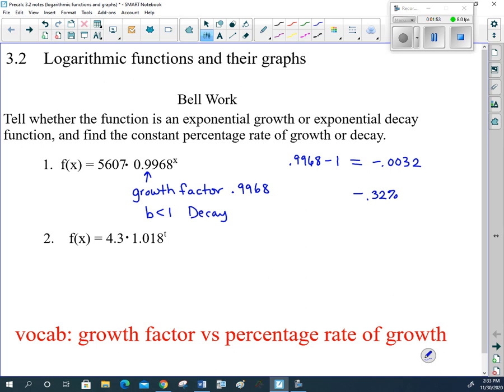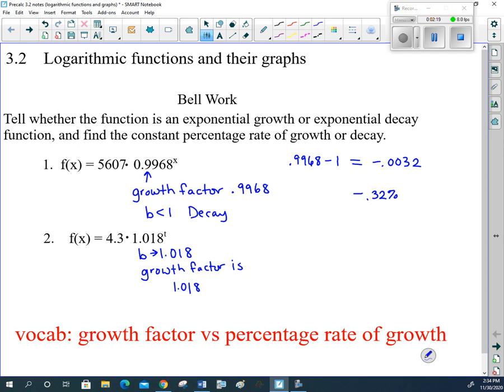Down here on number 2, where it says f of x equals 4.3 times 1.018 raised to the t power, B is 1.018. So the growth factor is the 1.018.